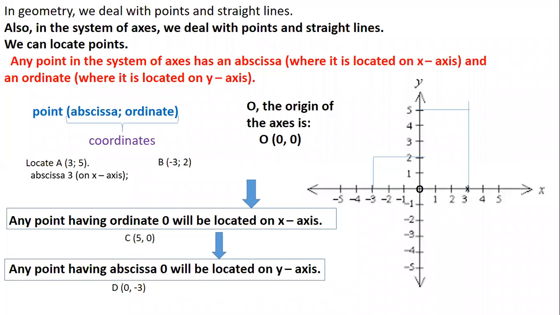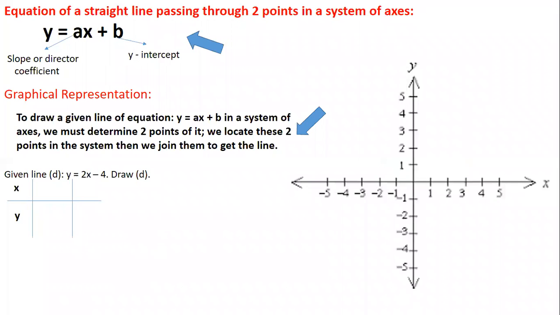Any point having ordinate 0 will be located on the x-axis, and any point having abscissa 0 will be located on the y-axis. Yes, thank you, Yara. So abscissa 0 is on the y-axis, and ordinate 0 on the x-axis.